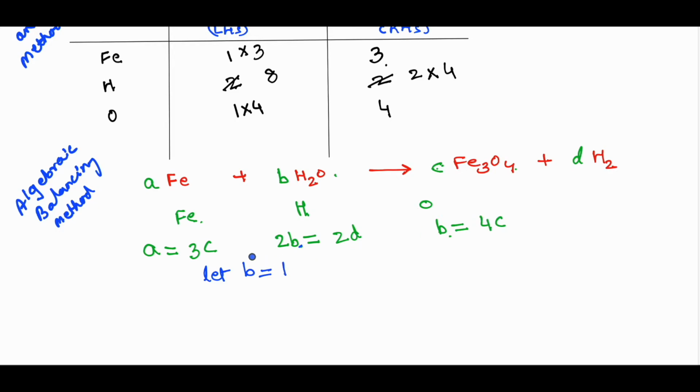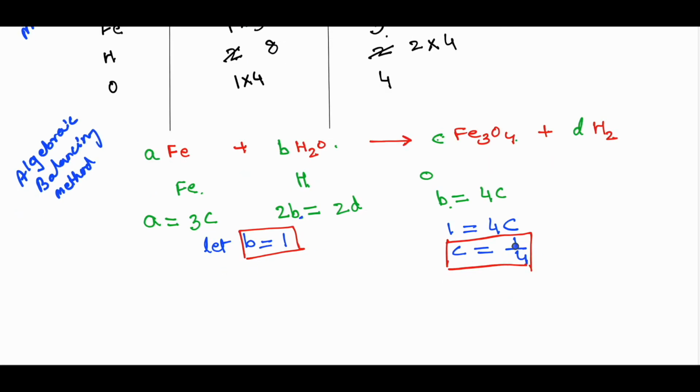Now when you assume B to be 1, put this value in the equation. So 1 is equal to 4C. From simple mathematics, C is equal to 1 by 4. So you have got the value of C as 1 by 4, and the value of B as 1, which you have assumed.